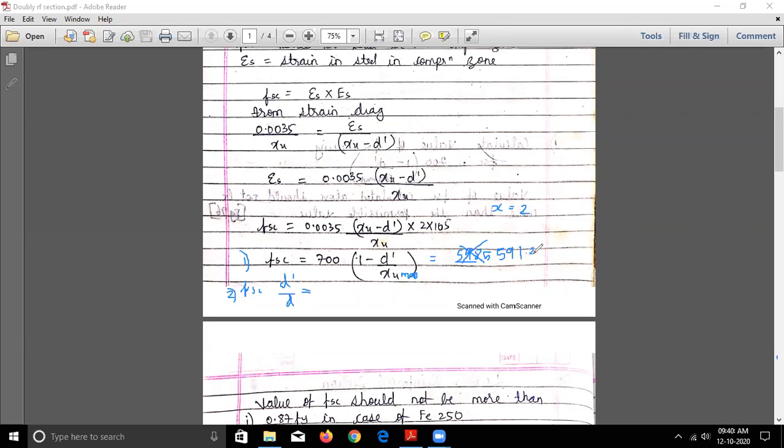Rida is saying yes, sir, 591.3. Now FSC with the help of this d dash by d, how much is coming? I hope this is correct. 591.3. Because I don't have the answer, so you have to give me the answer.